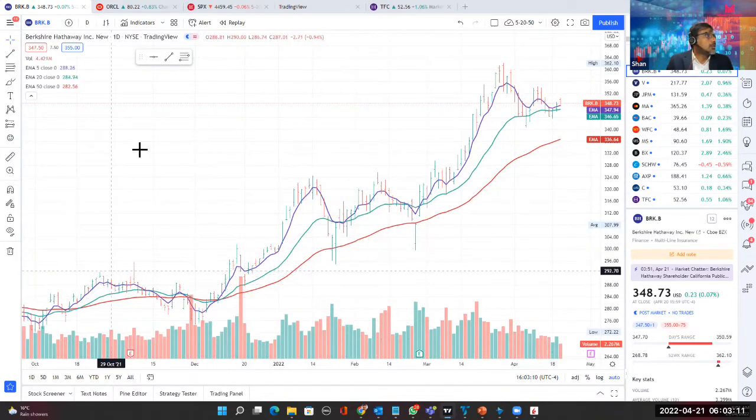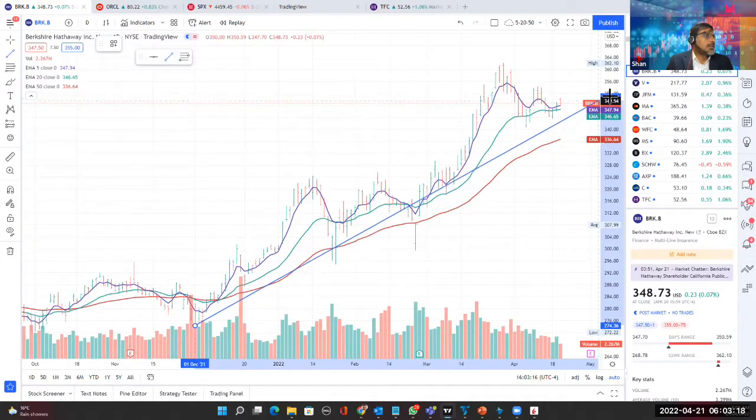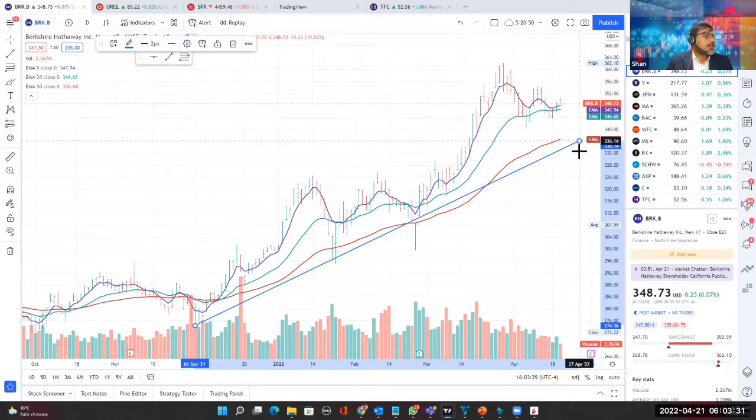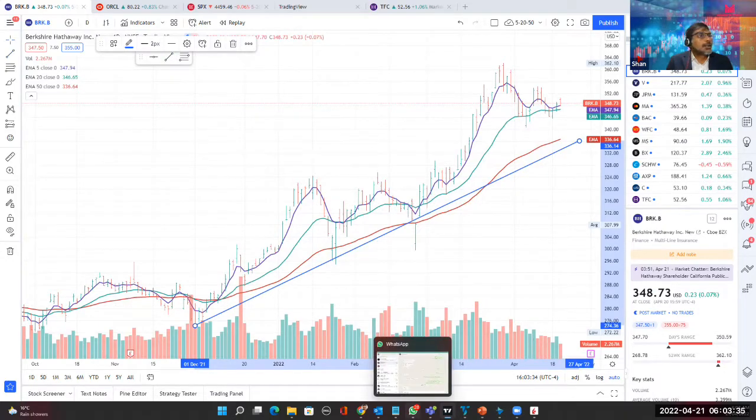If I would like to draw a trend line, maybe I can draw it from here to understand how it has been going. So this is one way to draw the trend line. There are multiple touch points, so it's in a bullish trend, I can see over the period.